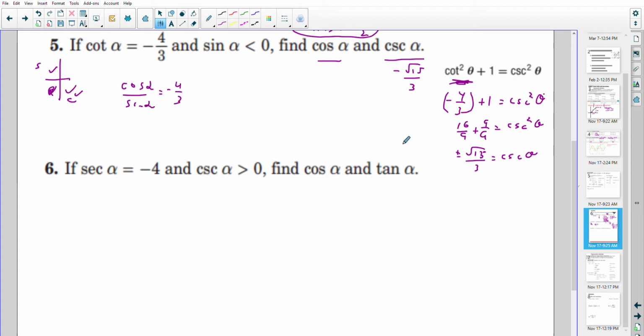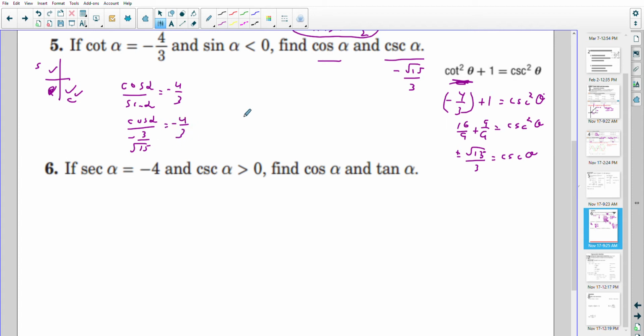And I can actually substitute in for one to get the other. Now, sine of alpha is going to be -3 over square root of 15. So this is going to be cosine alpha over -3 over square root of 15 equals -4/3.